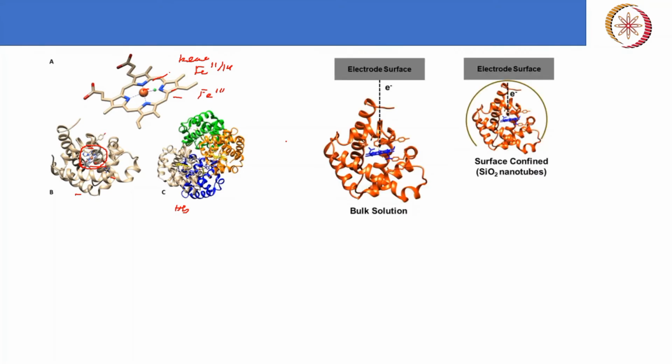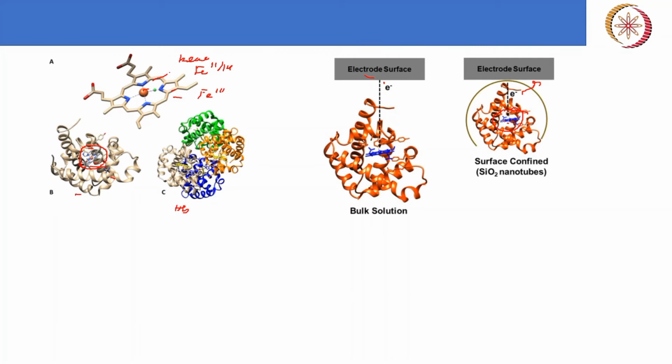If you see your protein molecule in the bulk solution and this is your electrode surface, the electron transfer from the electrode surface to the bulk solution is hindered, because it depends on the orientation of your protein molecule. If you confine this protein molecule on the electrode surface, the electroactive part of the hemoglobin is the hemin part, where the iron center can go from +3 to +2 oxidation state and back from +2 to +3.